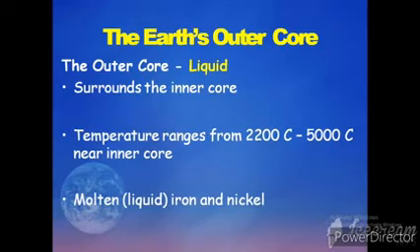The temperature of the outer core ranges from around 2200 degrees Celsius to around 5000 degrees Celsius near the inner core. It is in a molten state comprised of iron and nickel. So in terms of chemistry, we can term it as NiFe, that is nickel and ferrum.